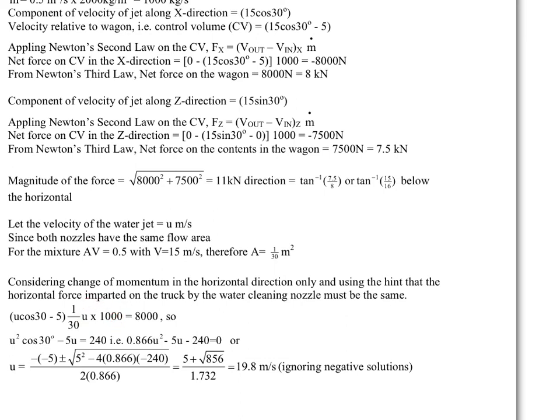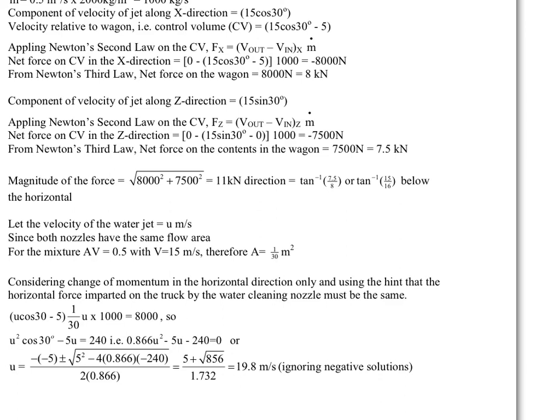Okay, let's review. This is the area, this is the velocity. Area times velocity gives you the volumetric flow rate, multiplied by the density of water, and the force must be the same to maintain the speed.